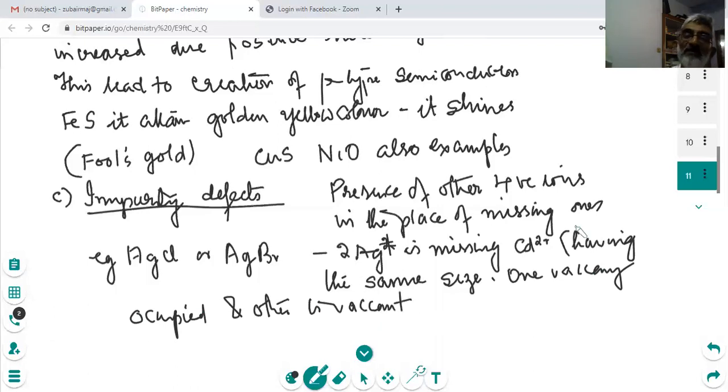Overall neutrality remains the same. 2 plus is gone, 2 plus has come, but the number of atoms is reduced. And this vacant position will lead to electrical conductivity, a semiconducting property.